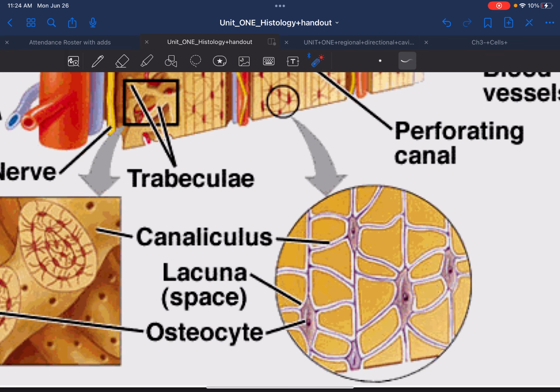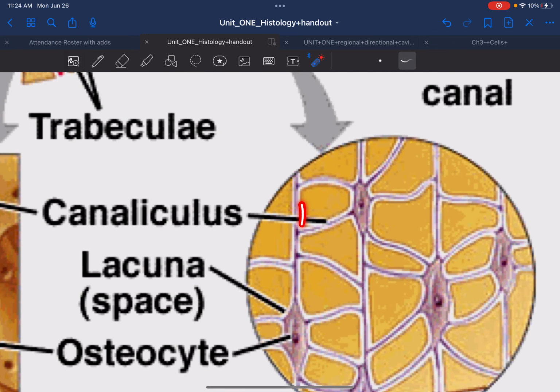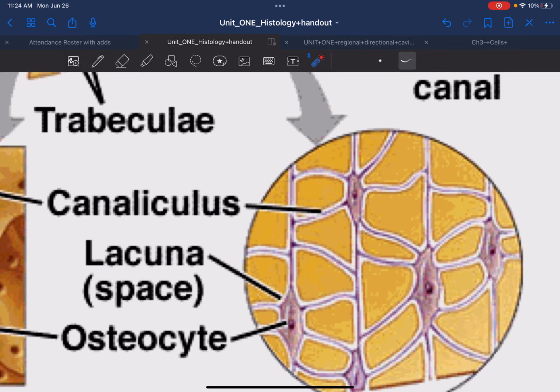Again, it's not a dead material as you might have thought when you thought about a dead animal and all that's left is the skeleton. All that's left is the dead material, the inorganic part, the calcium part. All the osteocytes are dead inside of a skeleton that's just been sitting out in the wild for years or months. But otherwise, it's the osteocytes that keep it a living thing in a way.